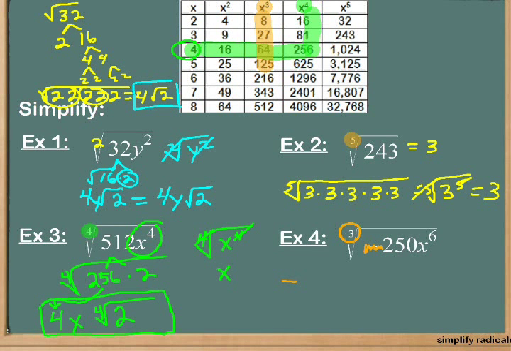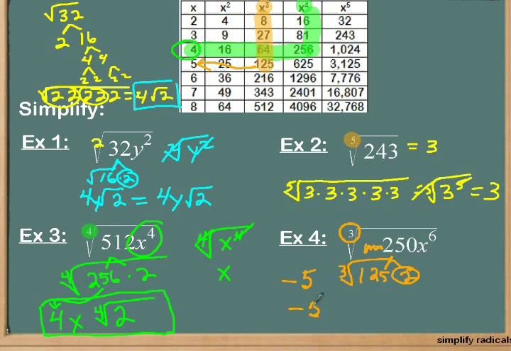So let's go ahead and break this apart to 125 times 2. And I know that this 125, the 3rd root of that, let me see what it is. 125, the 3rd root is 5. So now I have a negative 5 sitting on the outside, and the 2 is going to be left behind, so the 2 does not come out.